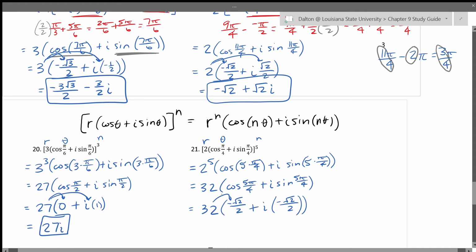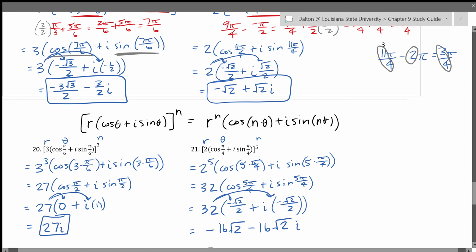And then this 32 is going to distribute to both of those terms. So then 32 times negative square root of 2 over 2 is going to be a negative. 32 divided by 2 is 16. And then we leave square root of 2 alone. Then the next number is also going to be negative. 32 divided by 2 is still 16, square root of 2, and then remember we put i at the end.